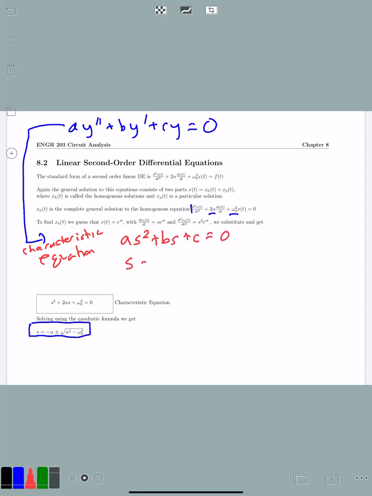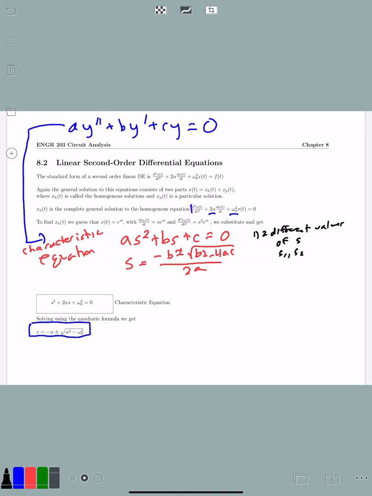And I'll use the normal quadratic formula for this, negative b plus or minus the square root of b squared minus 4ac, all over 2a. And so the idea is you're going to solve. And there's three possible scenarios that you might have. The first is that you're going to get two different values of s. And we're going to call those s1 and s2.